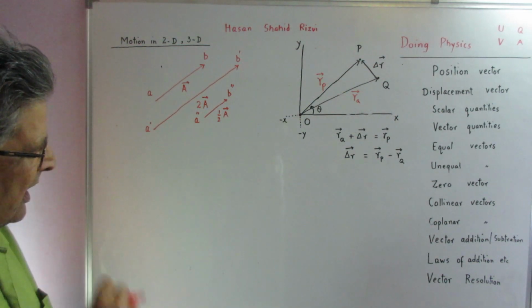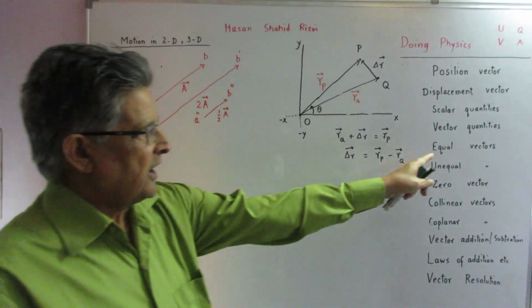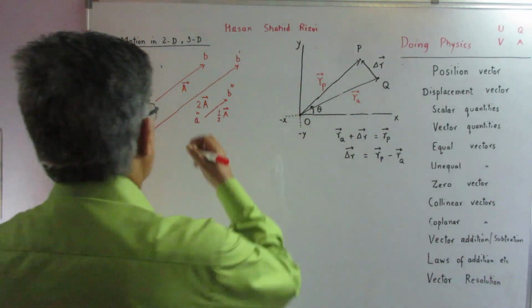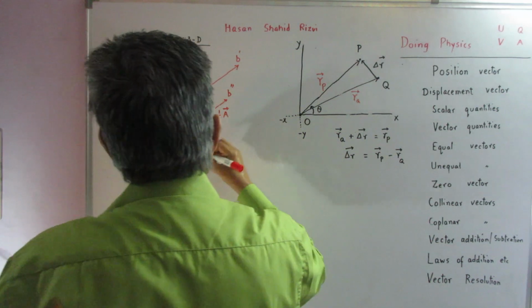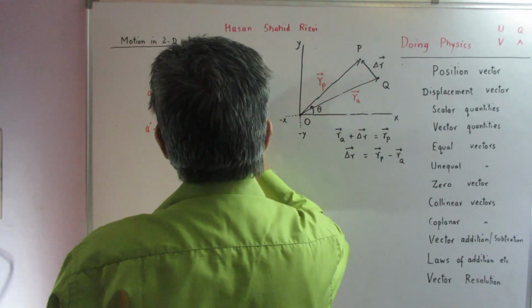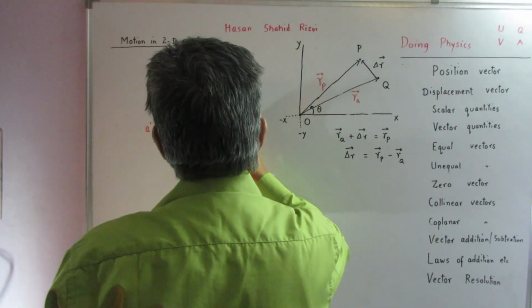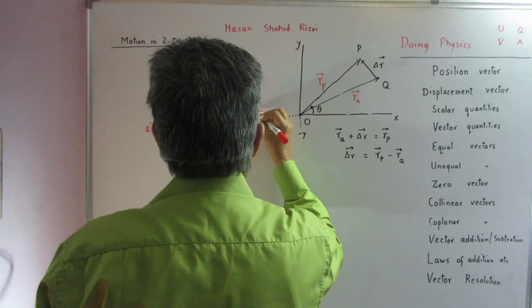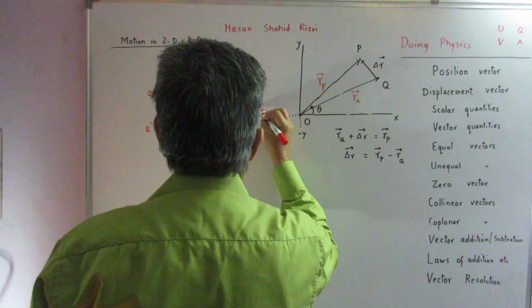And another feature that I come to here is two equal vectors. So this vector A I am considering, and then I have another vector of the same species, of the same length.